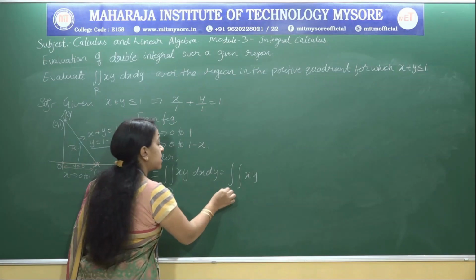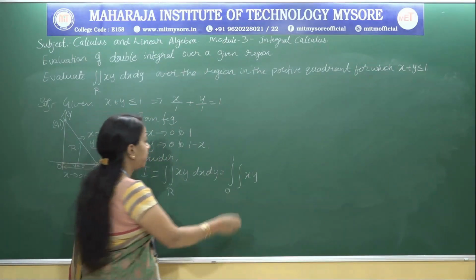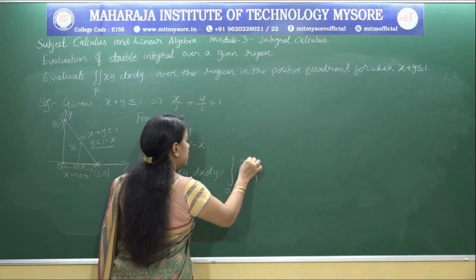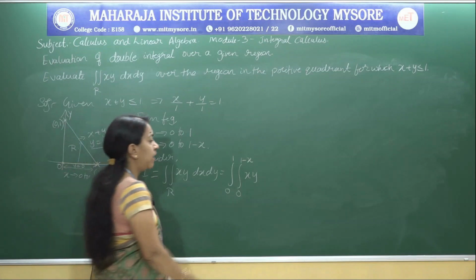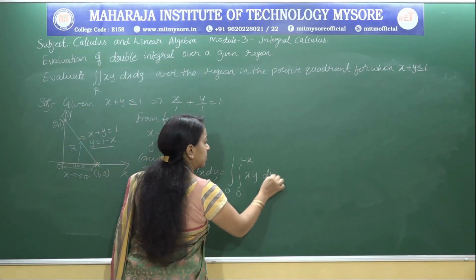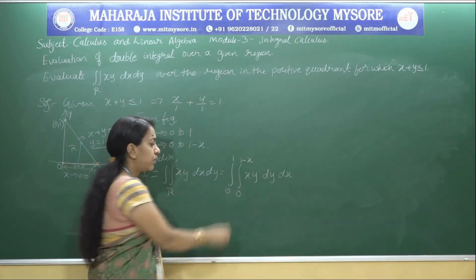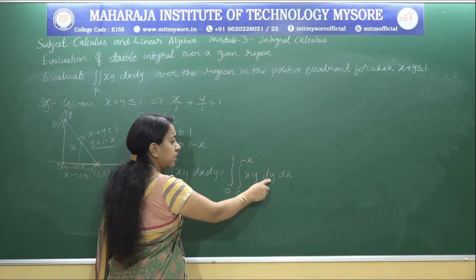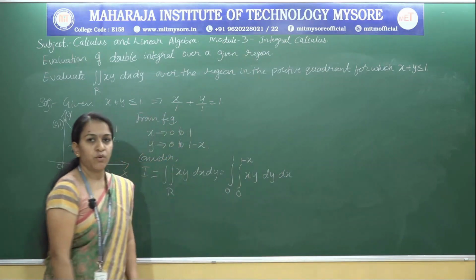Yes, the outer limit is 0 to 1 and the inner limit must be the variable limit, 0 to 1 minus x. The variable limit should be the inner limit and the constant limit should be the outer limit. Therefore, y varies from 0 to 1 minus x, dy, then dx with the outer limit 0 to 1.